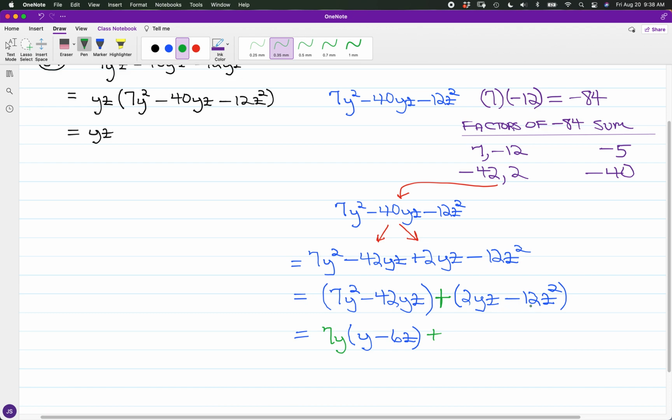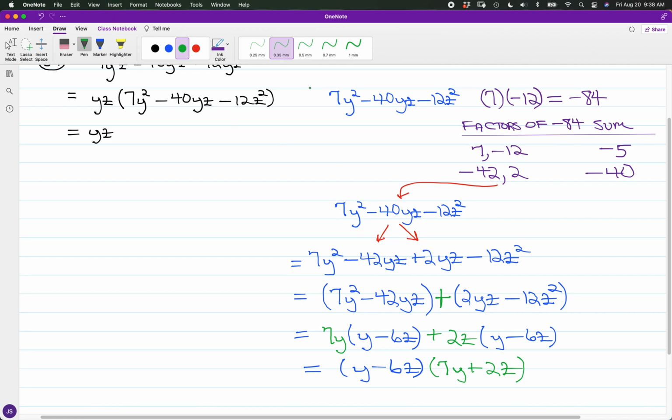Now for 2yz minus 12z squared, we're going to have 2, and z is shared in the group, and taking that out of this last pair, we also come out to y minus 6z. So for the result, we're going to have a quantity y minus 6z, which is shared in common, and the other is going to be formed by the outside terms in operation, which will be 7y plus 2z.